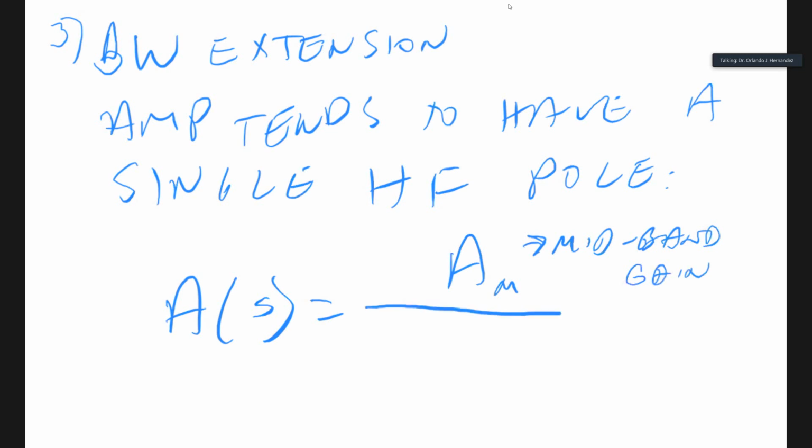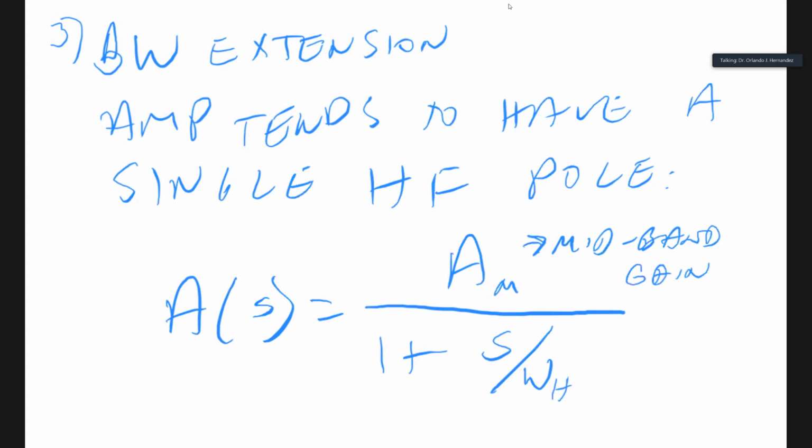Okay? And then it's going to be a single pole, so it's going to be a first-order system. And that can be expressed with omega H, which is that high frequency pole. Okay? So that is just the open loop gain.